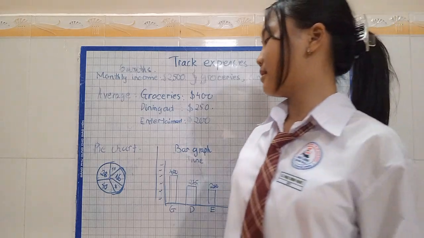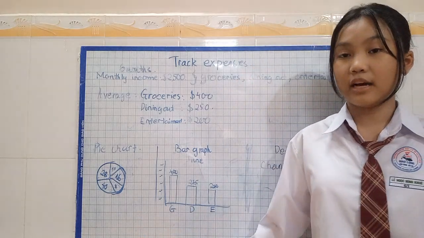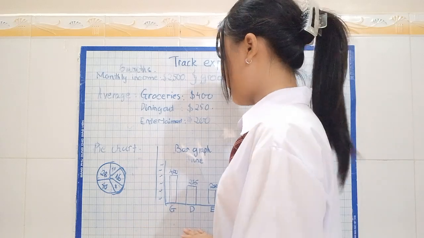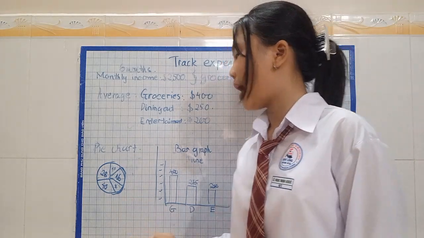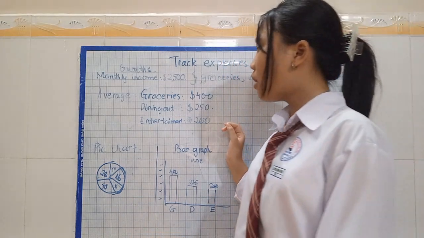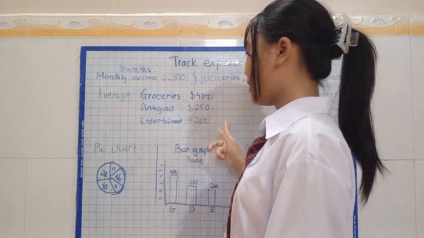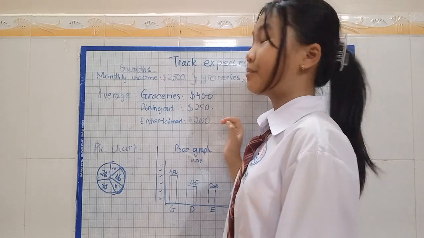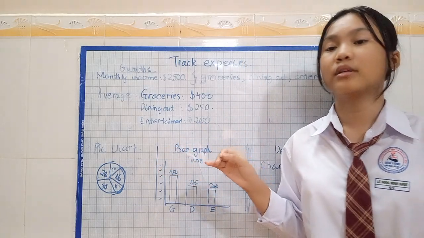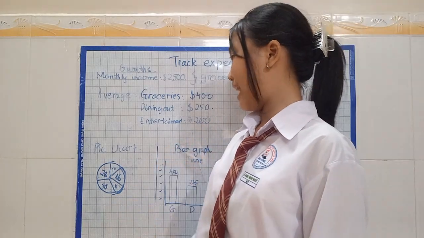Now let's look through 2 ways of data visualization. First is the pie chart. We are going to convert groceries, dining out, and entertainment, these 3 concepts, into percentages so that we can represent them on our pie chart.